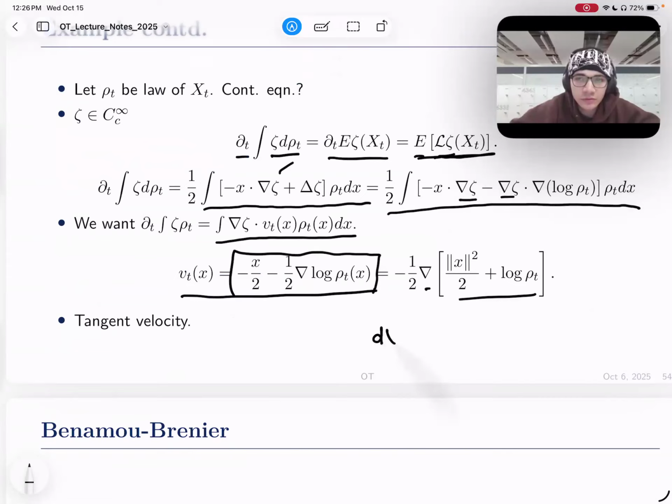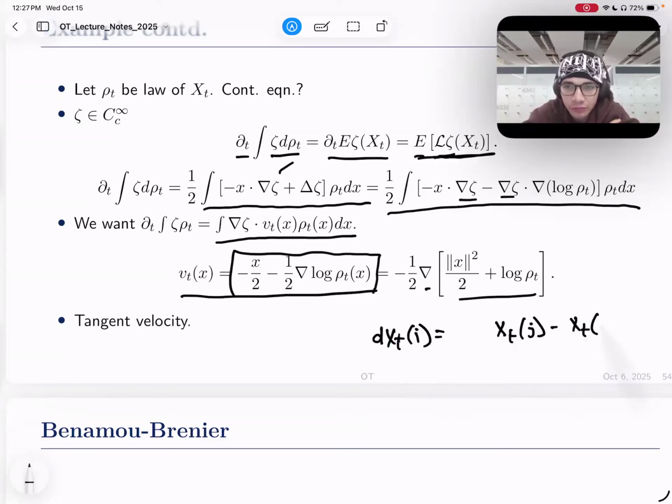So dx_t^i is equal to the average over j, 1 over n, of x_t^j minus x_t^i, dt basically.